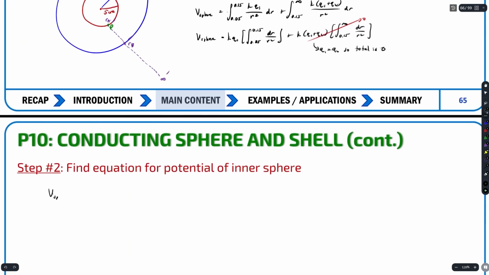So V sphere is equal to kq1. I'm going to solve for this, which is negative 1 over r from 0.05 to 0.15, plus 0. And then you end up with kq1 times 1 over 0.05 minus 1 over 0.15, which is equal to, let's do 9 times 10 to the 9 newton meters squared per coulomb squared for k. q1 is 60 times 10 to the negative 9 coulombs.